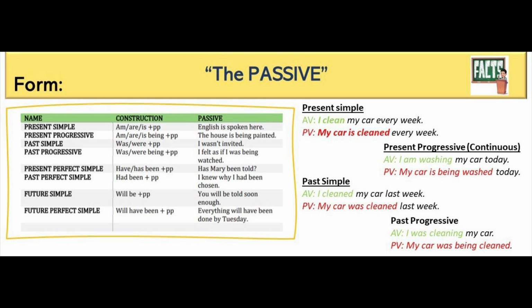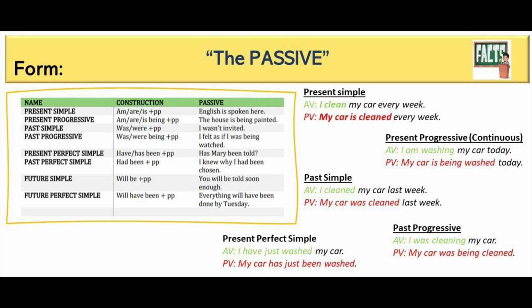So with the past progressive or past continuous, we use again to be in the past, so was plus were plus being plus past participle. Next example is present perfect simple. I have just washed my car would be the active voice. The passive voice is my car has just been washed. So present perfect simple passive is with have or has plus been plus past participle.